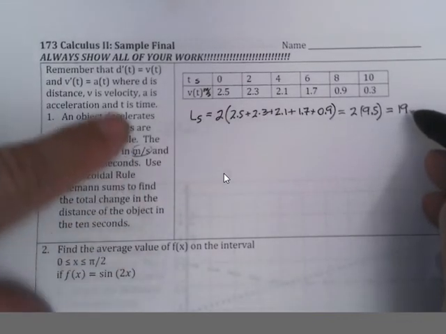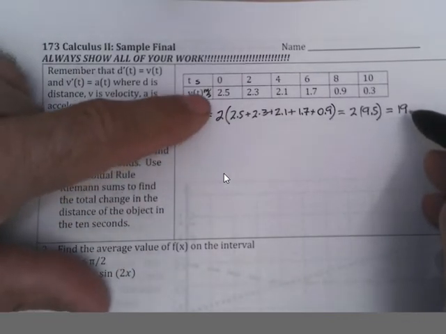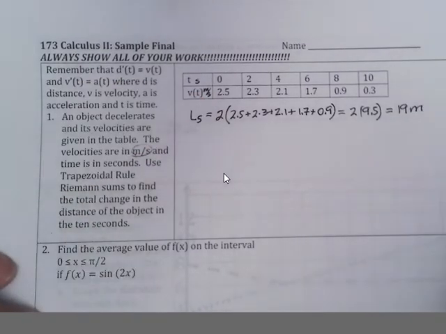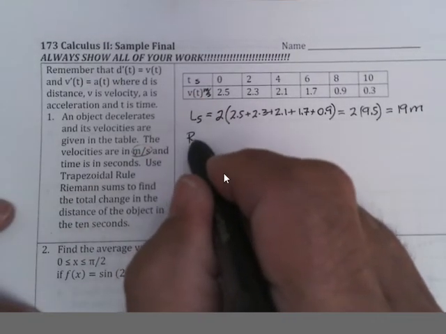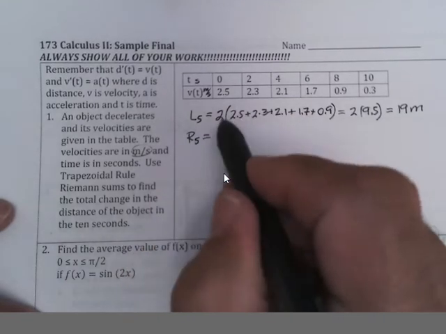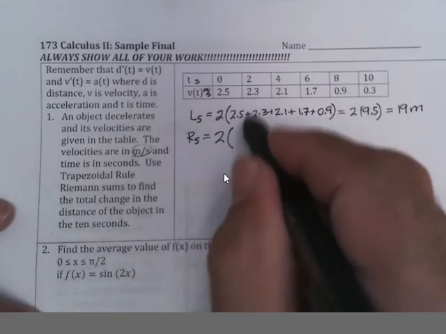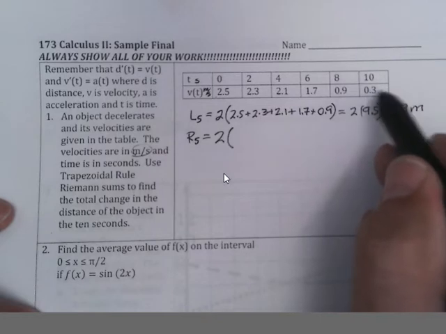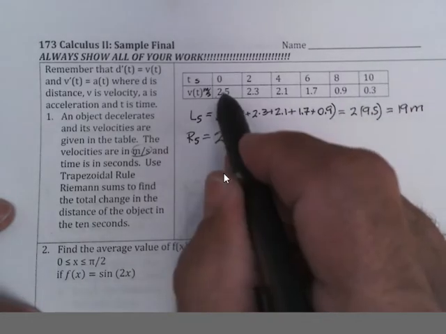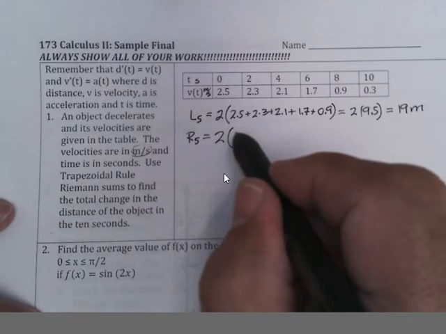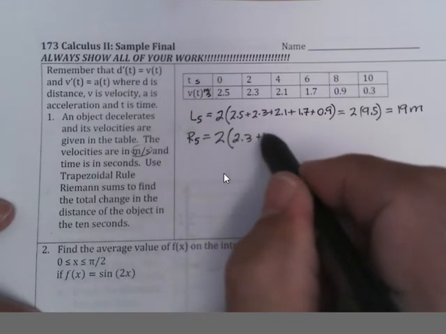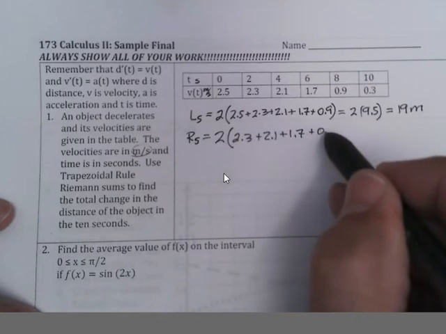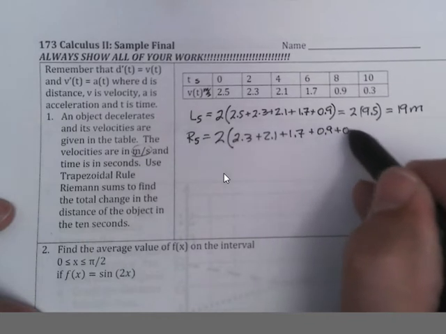This is finding the area, so it's meters per second times seconds, which turns out to be meters. And the right 5 would be 2 times everything else, but adding the 0.3. So I'm removing 2.5 and adding the 0.3.